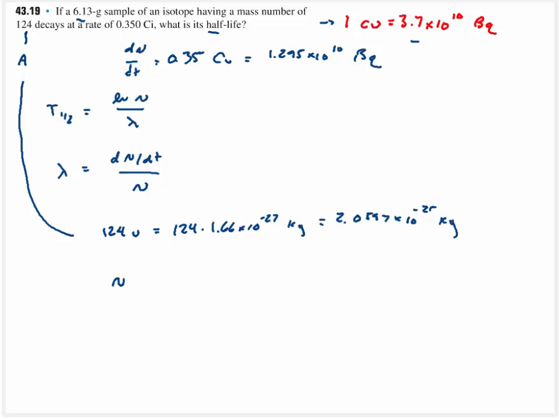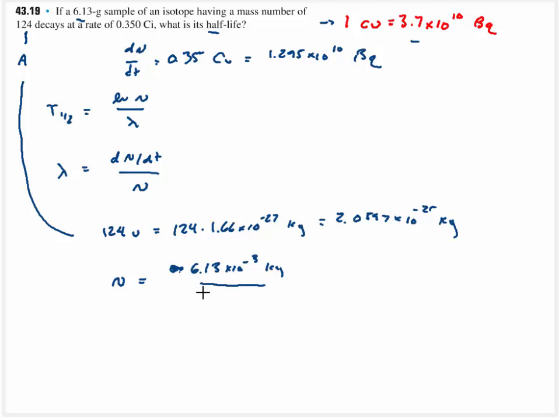And so the number of nuclei, or the number of nuclides, is going to be equal to 6.13 times 10 to the negative 3 kilograms. That's 6.13 grams.